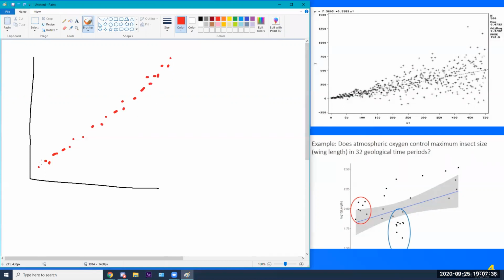Something like this would be considered homoscedastic, because the variance from the mean for the entire data is very similar. If you were to draw a line of best fit here, the error bars for each of these points would be pretty close together.